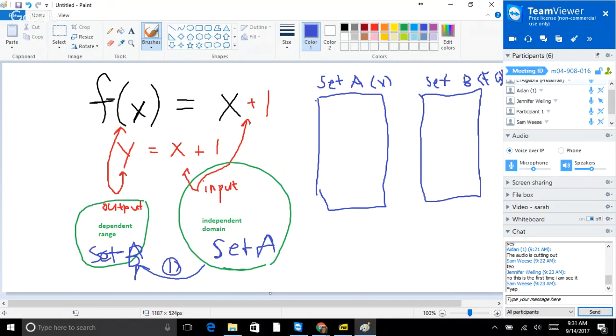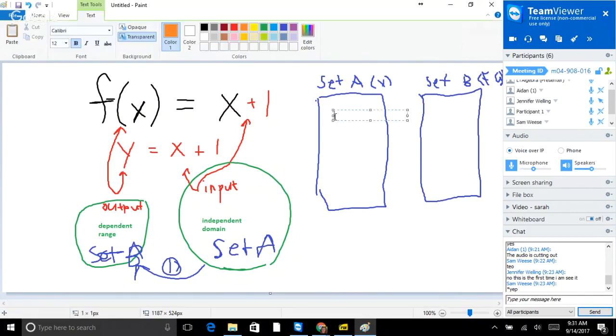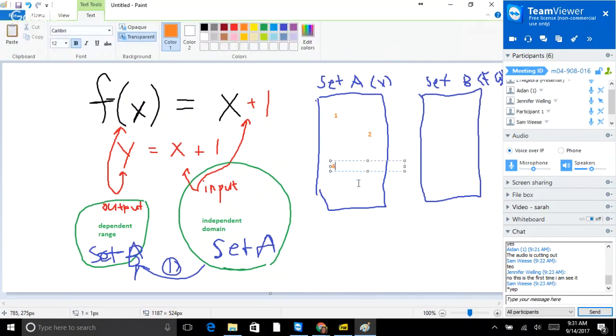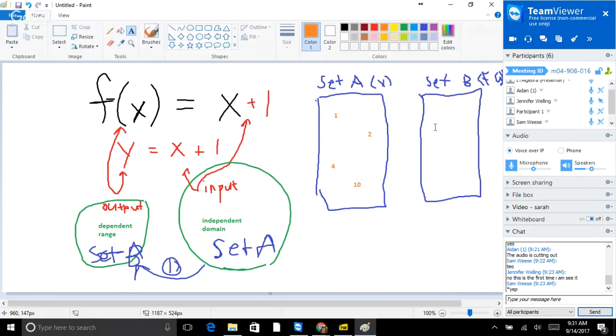Okay. So in set A, let's have a set of numbers. It doesn't matter what numbers they are. Let's say we've got the number 1, we've got the number 2, we've got the number 4, and the number 10. Okay, and in B, we'll just put some random numbers.